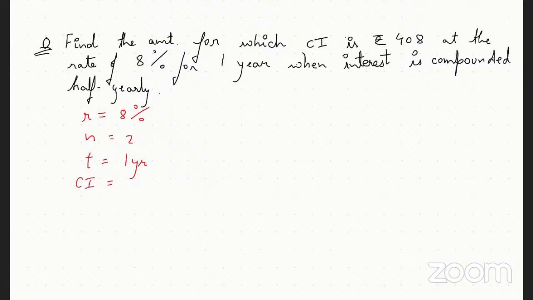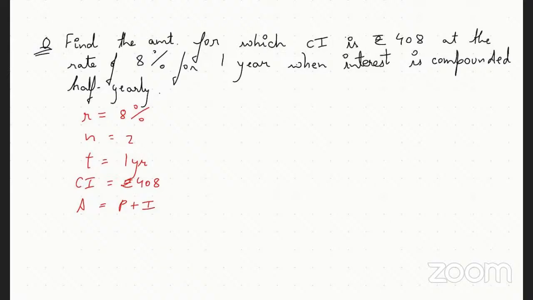Then compound interest I'm given in this question, CI, which is rupees 408. And then we have the amount equals principal plus interest. This we know. Then I'm going to solve it. First, I'm going to use the amount formula for compound interest.